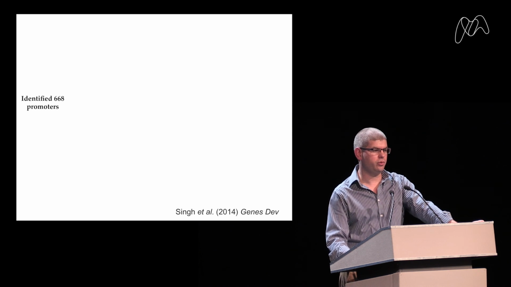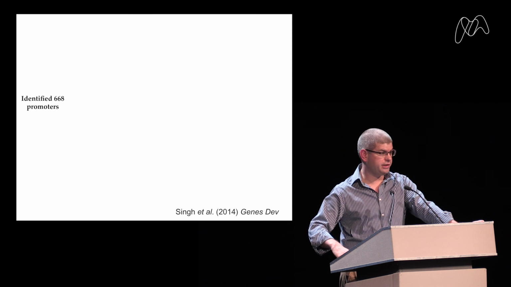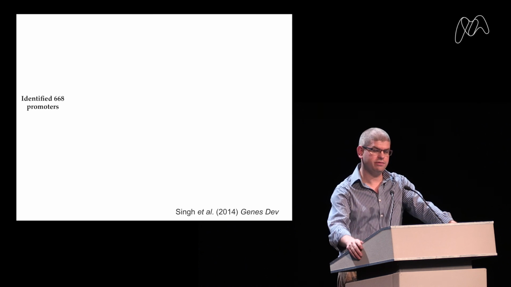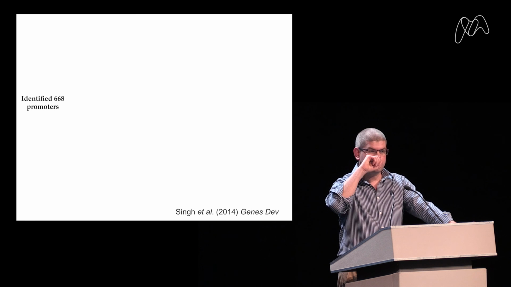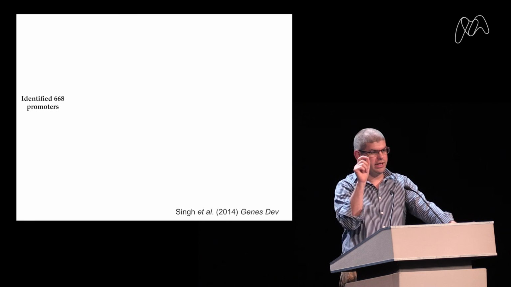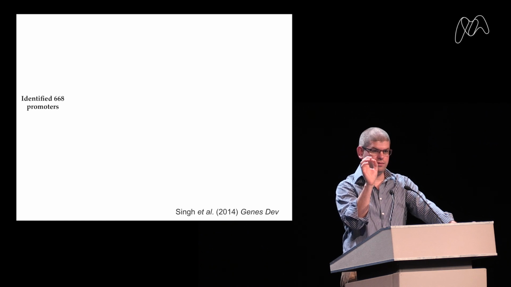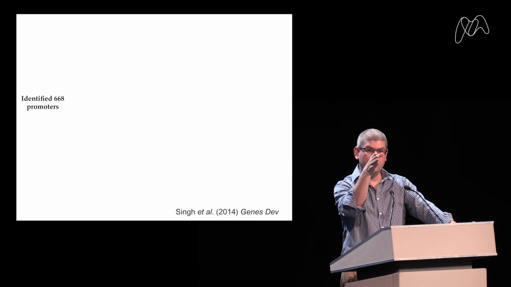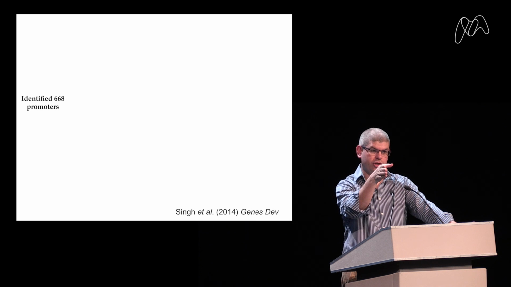The first approach that we used was a derivative of RNA-seq that Joe has developed in his lab. And using this approach, we were able to identify transcription start sites genome-wide at single nucleotide resolution. Okay, so for each one of these start sites, we can see exactly where the RNA polymerase is initiating transcription.